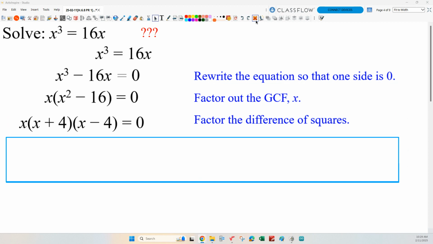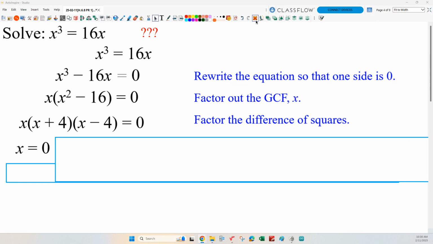Show me with your fingers: what's the solution to my first factor? 0, right? The first factor is the GCF that we factored out in the beginning, that monomial. So when is x equal to 0? When x equals 0. There you go. So there's one: x equals 0.